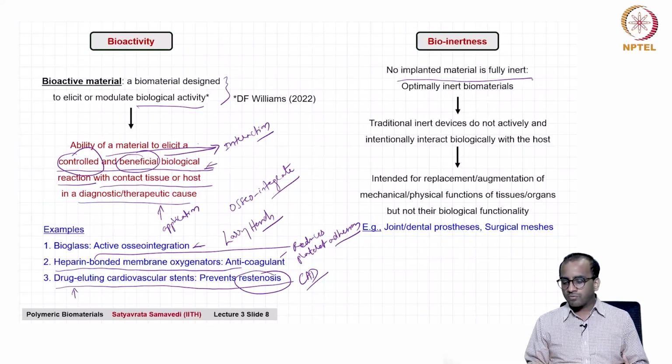So even with what you would call traditionally inert devices, that are not intentionally intended to interact biologically. Here we make a distinction between materials that are engineered or intended to interact with the body and to elicit specific responses versus any material that gets into the body, which the body is going to treat as foreign, right?